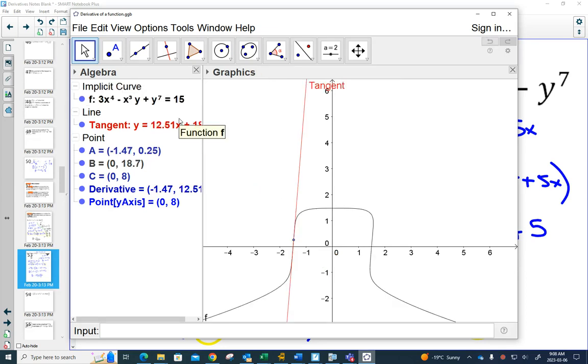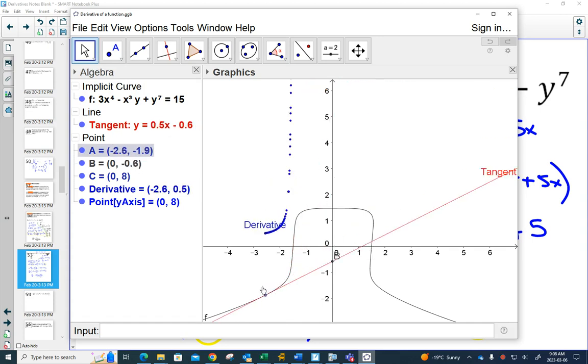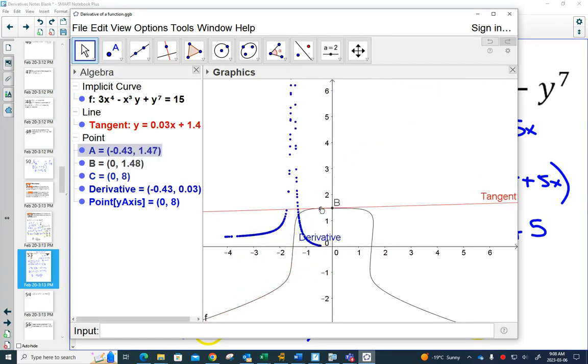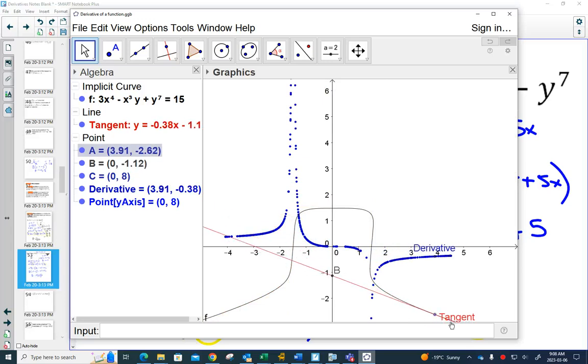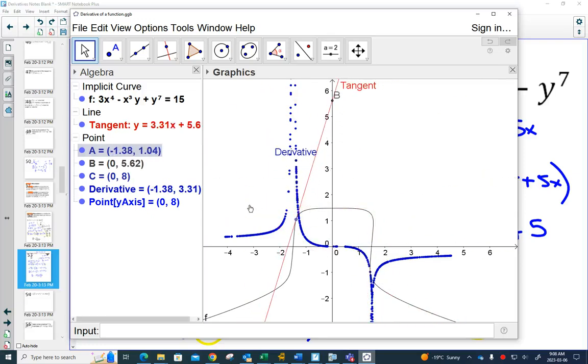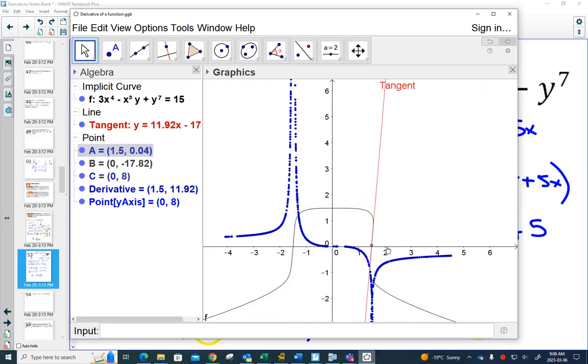Does it like it now? Yes! All right. Here's what the derivative graph looks like. Woo! It's kind of frustrating. Like it goes, wait a minute. It like crosses here. Anyways, kind of fun.